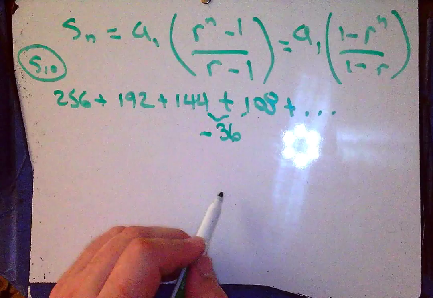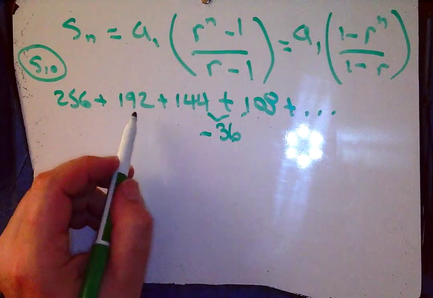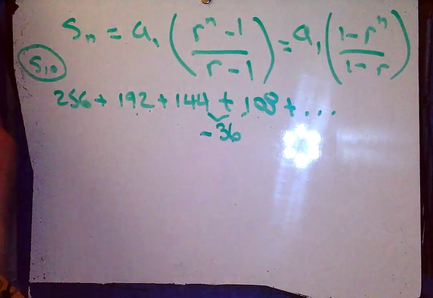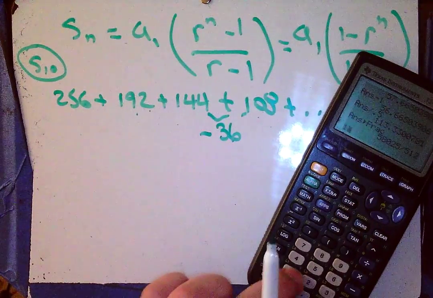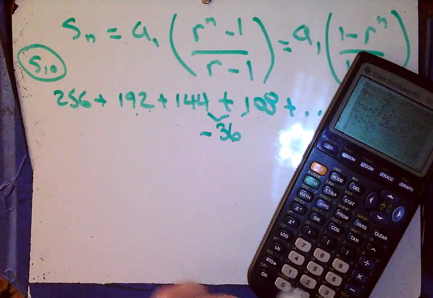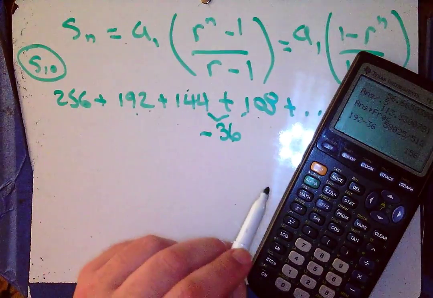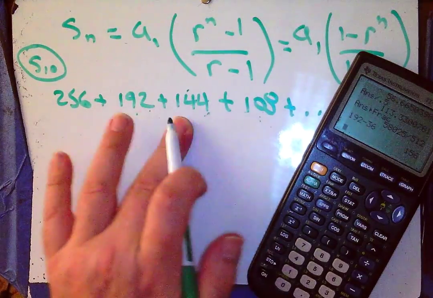That's that difference. We went down by 36. But here, if I subtract 36 from 192, I'm not going to get 144. 192 minus 36 is 156, not 144. So this is not arithmetic.